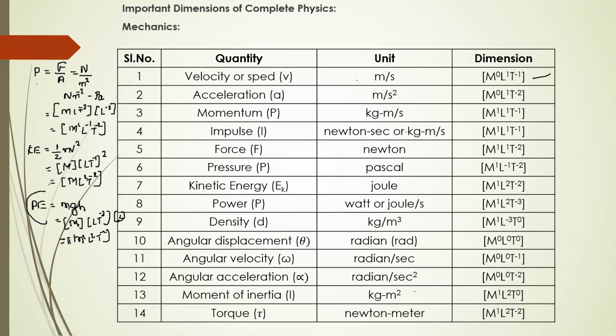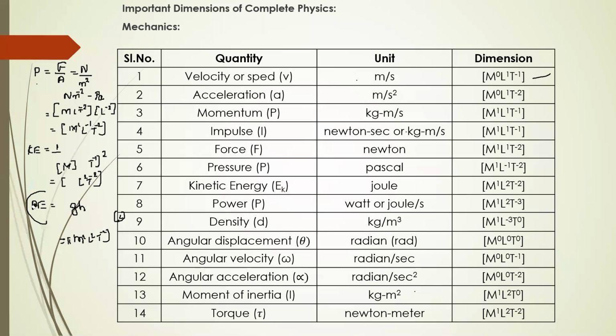Is it clear? That is, potential energy is mgh, M raised to 1, L raised to 2, t raised to minus 2. Right? So this is regarding the potential energy and kinetic energy dimensional formula, and the unit we already know. The kinetic energy or potential energy is measured in terms of what? Joules.